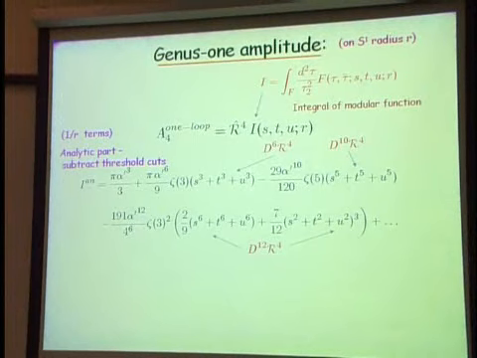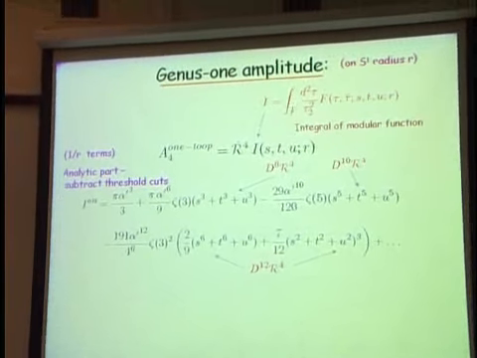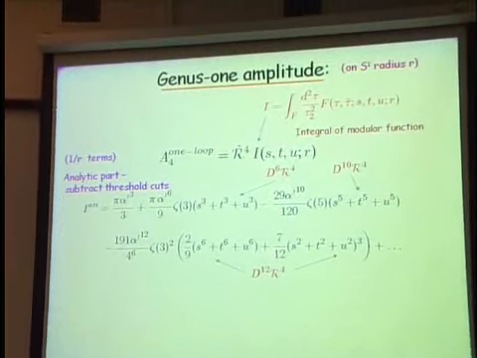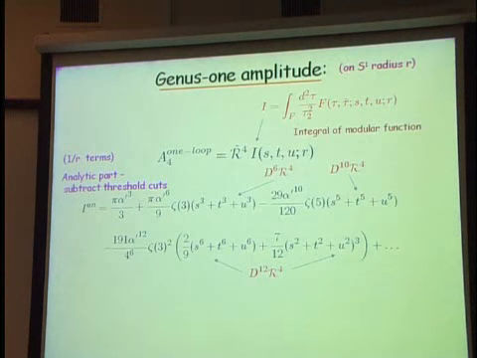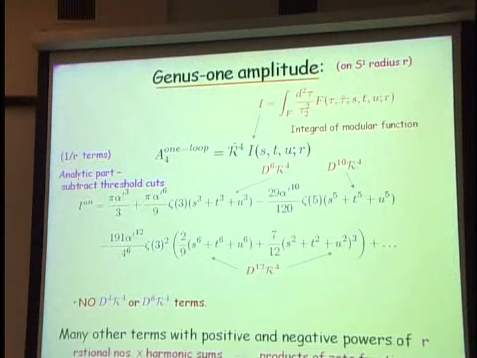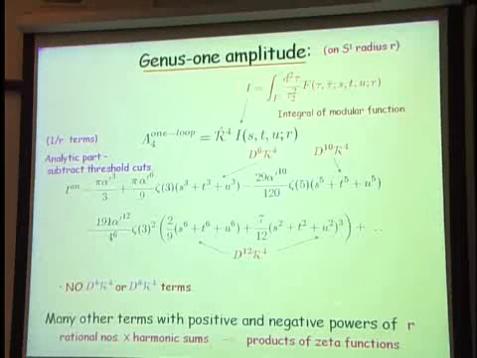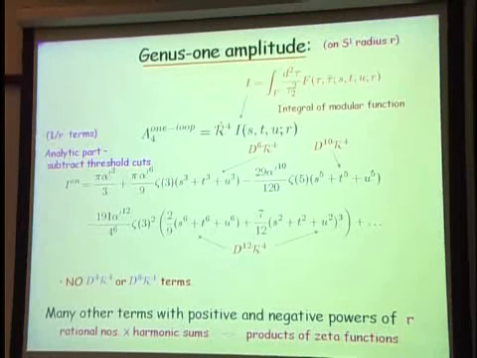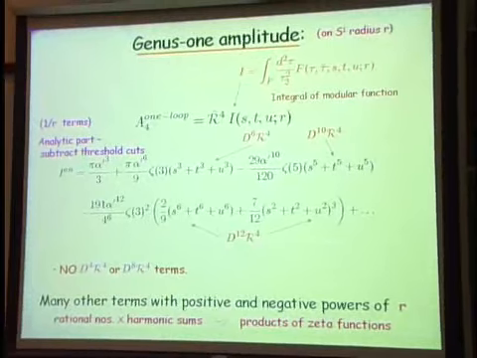Actually, these are all, I think, incorrect, but the spirit is there. I mean, we know the correct ones, but when I wrote this transparency, we made mistakes. So these are some of the terms that come in at 1 over r. And again, you find a pattern of coefficients which are rational functions times harmonic sums, or products of zeta functions, which reduce to products of zeta functions.